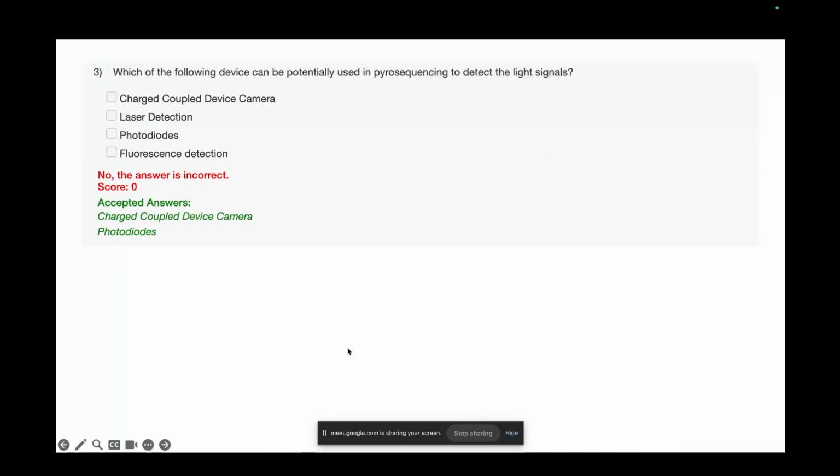Yeah, the answer is both charge-coupled device camera and photodiodes. Basically, you would need a device which can convert this fluorescent signal to some electronic signal. The charge-coupled device camera can do that. Photodiodes are diodes that can convert photon signals, the light signal, into an electronic signal. So both of them can be used.